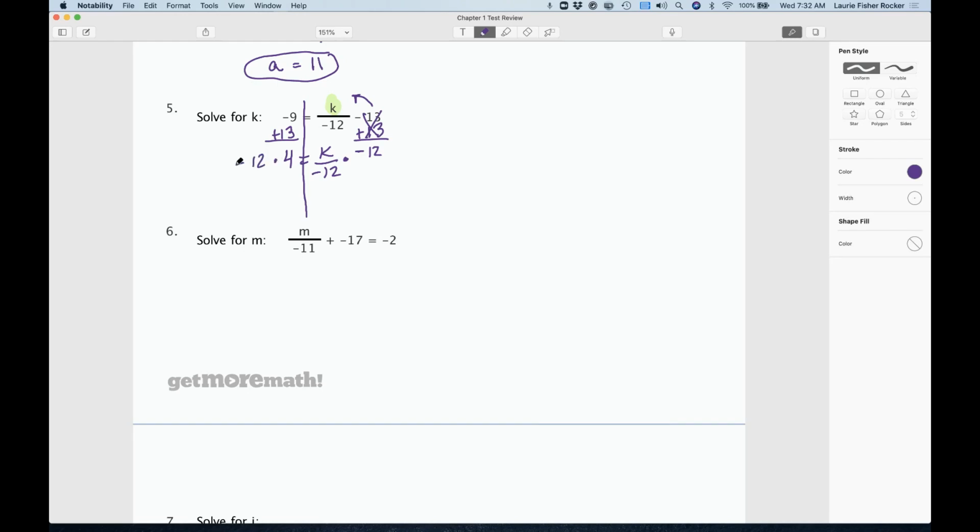Okay, and so I've got negative 12 times 4 is negative 48 equals k. And done. So again, sign rules. So here I had different signs, so I subtracted and got 4, and the positive was bigger, so it's positive 4. Here I'm multiplying by negative 12.